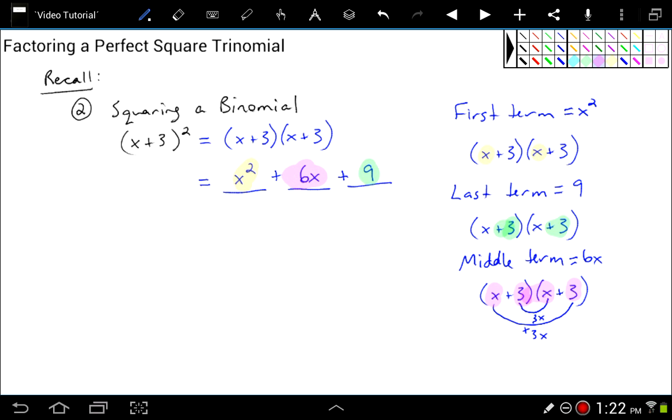I just want to remind you of that pattern because it's going to be key that we understand how to get the first, last, and middle terms when we multiply two binomials. Okay, let's get started with the factoring now.